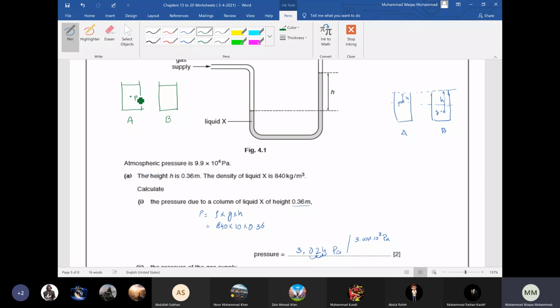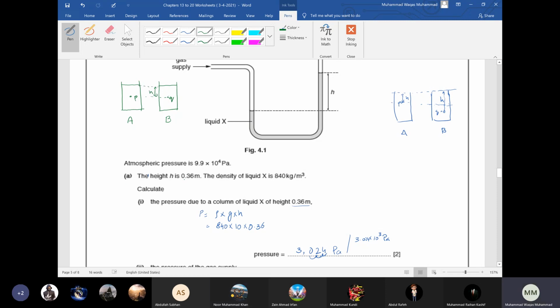Please respond, at least so I know whether you are getting it or not. Now beta, in liquid B we have another point Q. These two points P and Q are at the same depth under the liquid, right? The height or depth of the liquid is the same, right, beta?